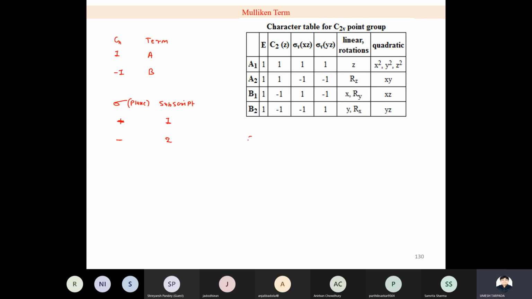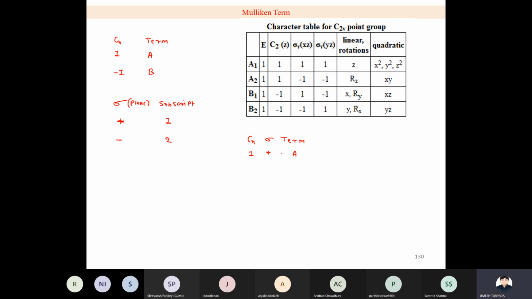So see, a better way is, you can have a Cn and then you can have a sigma plane. Sigma plane is also there. See, Cn is suppose 1. So which term are we using? Cn value is 1. So it is A. And suppose sigma plane is also having plus entry, the plus 1.